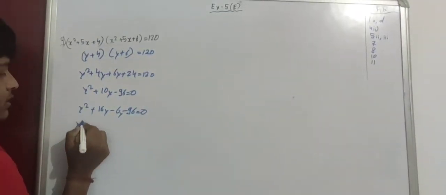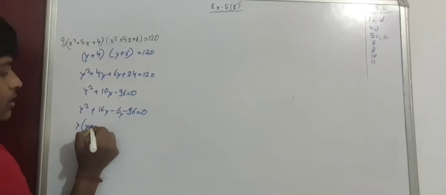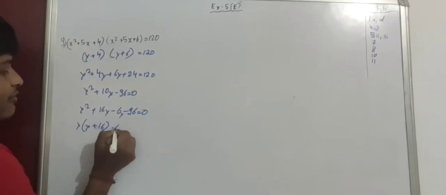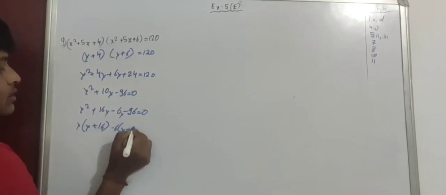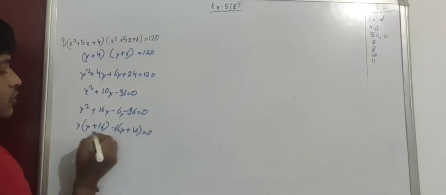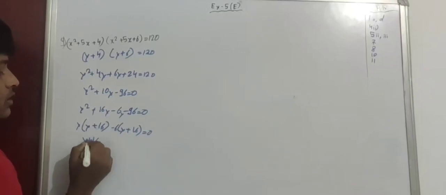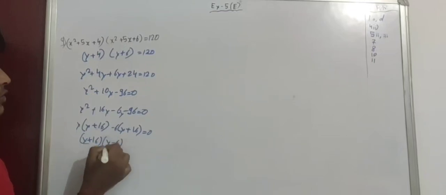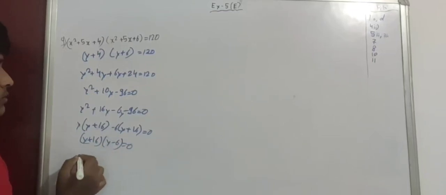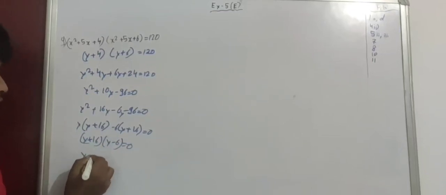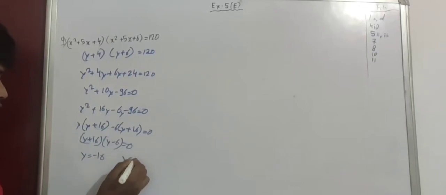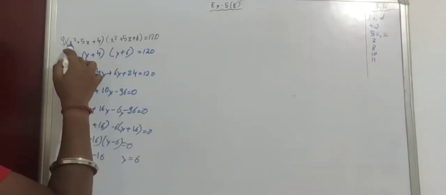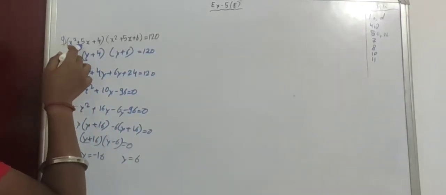So now grouping it, you have y outside y plus 16, inside you will have minus 6 y plus 16 goes to 0. You have y plus 16 now and y minus 6 is equals to 0. So y is equals to minus 16 and y is equals to 6. So now y is equals to x square plus 5x.